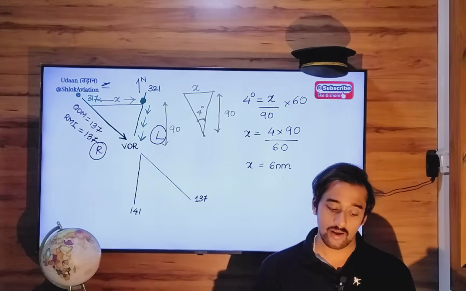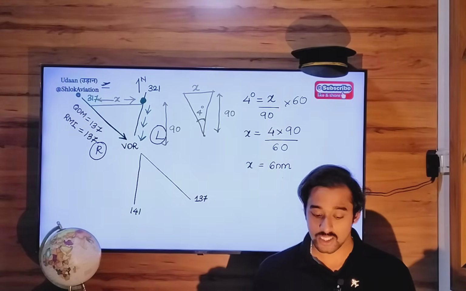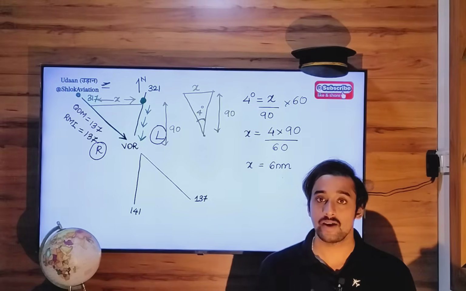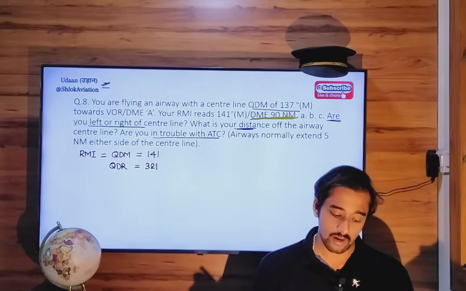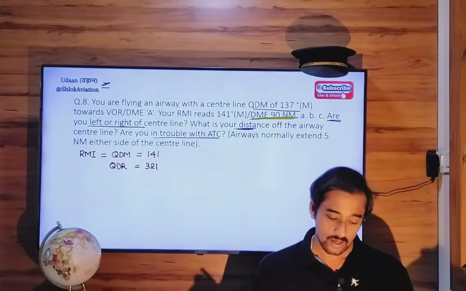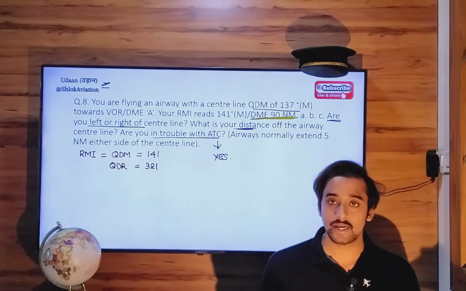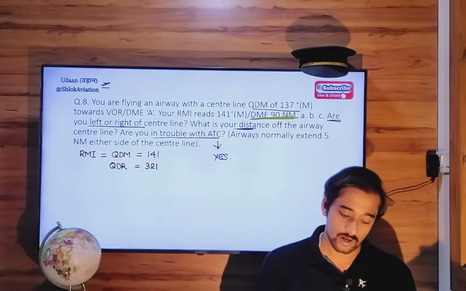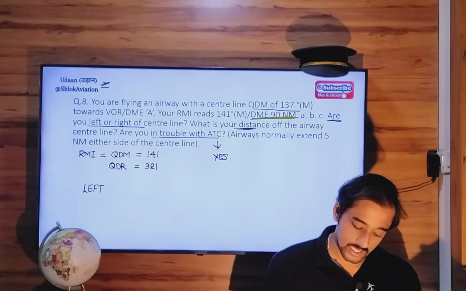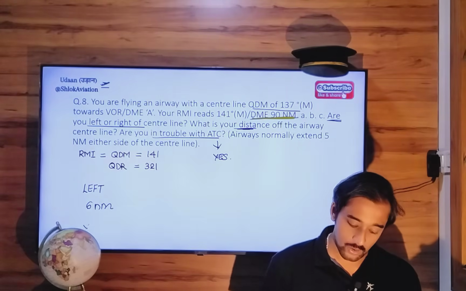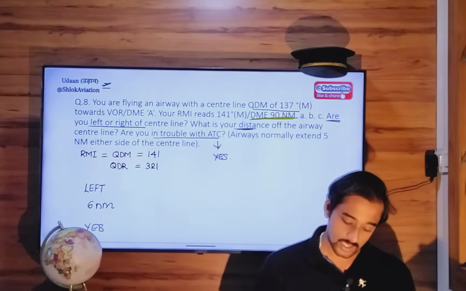In this case, you have deviated more than 5 nautical miles to the left, that is 6 nautical miles. So you have deviated beyond the permissible limit. So are you in trouble with ATC? Yes, you are in trouble because you have crossed that limit. So the answer is, you are 6 nautical miles left, and you are in trouble. This is how you solve this question.